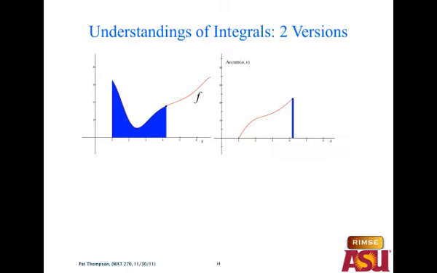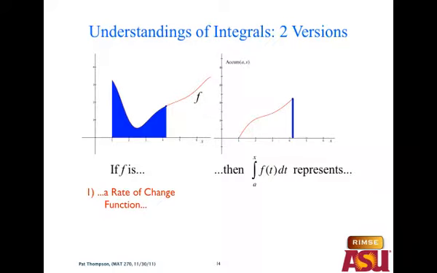Okay, so let's just review the two versions. Now I'm showing little f, the function little f, is our rate function. So if f of x is a rate of change function, then, from a to b, what does the integral from a to b of f of t dt represent?